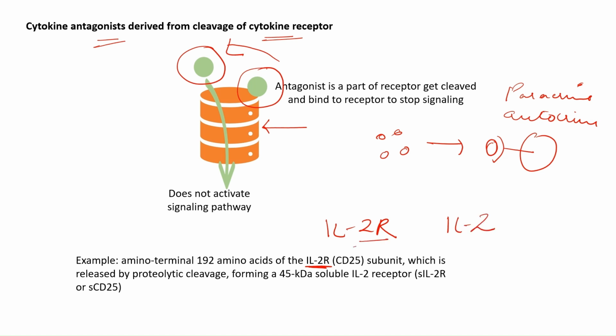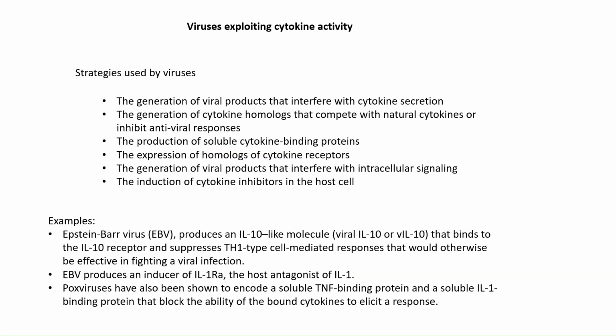So interleukin 2R is a type of antagonist which is normally a part of the receptor to which interleukin 2 binds. When this part gets separated from the receptor, it will work as an antagonist for this interleukin. Okay, so this is one type where the antagonist is a part of a receptor itself.